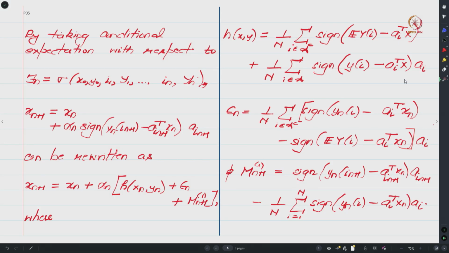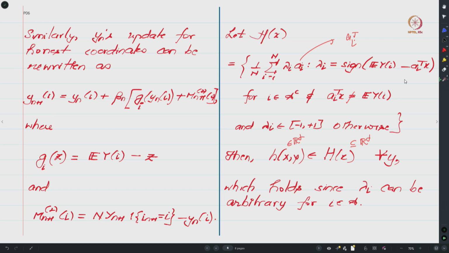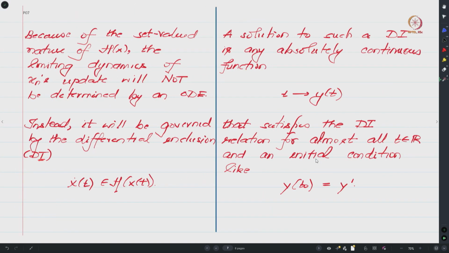Whatever be this value, this h(x, y) will belong to capital H(x). So in this sense the adversary can pick a sign function each time we visit x, and hence although we are visiting the same x at different points in time, the adversary could change the value of y, but whatever the adversary does, it will be an element of this set. So in this sense one can see that the set valued dynamics is quite natural in the presence of adversaries.